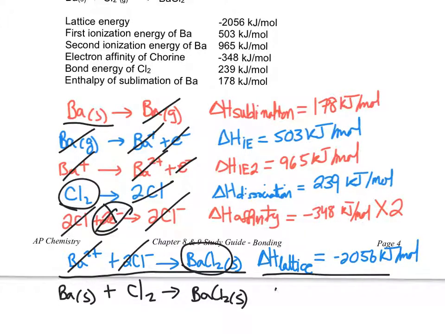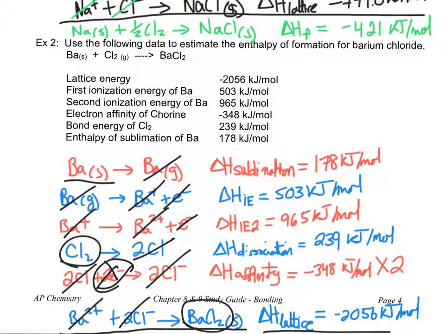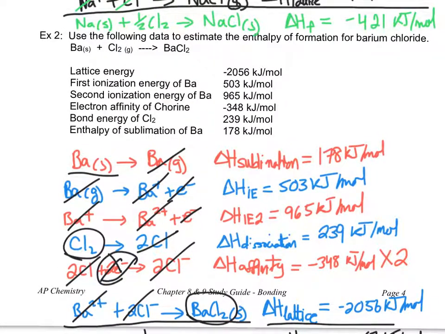And so the heat of formation for this would be equal to, so when you add all these delta H's together, you get the delta H of formation as negative 867 kilojoules per mole. So again, the Born-Haber cycle is a way for us to calculate the heat of formation of an ionic compound.